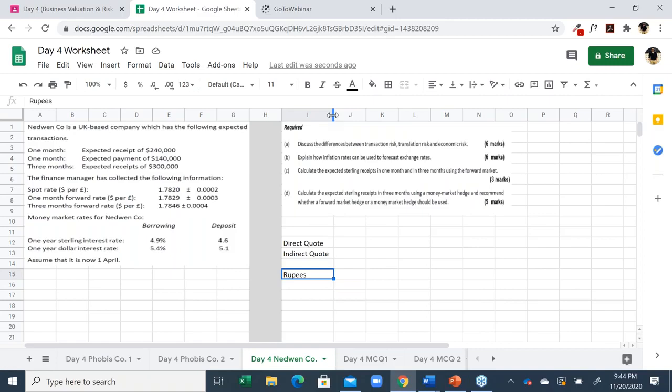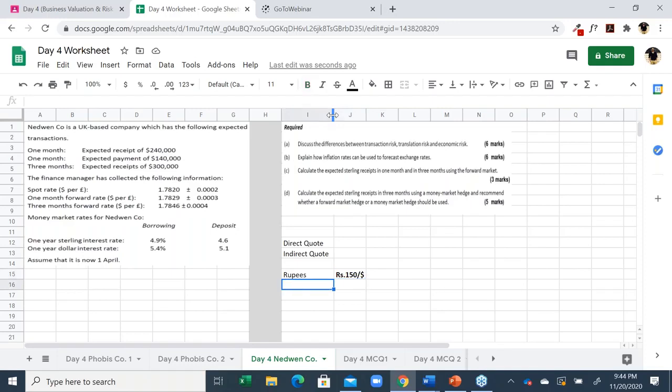For example, if they tell us that $1 is equal to 150 rupees, if you want to buy a dollar, it is equal to 150 rupees per dollar. This quote is a direct quote for us. But the same quote is indirect for a US company. If they are told that against $1 they will get 150 rupees, for them it will be an indirect quote.